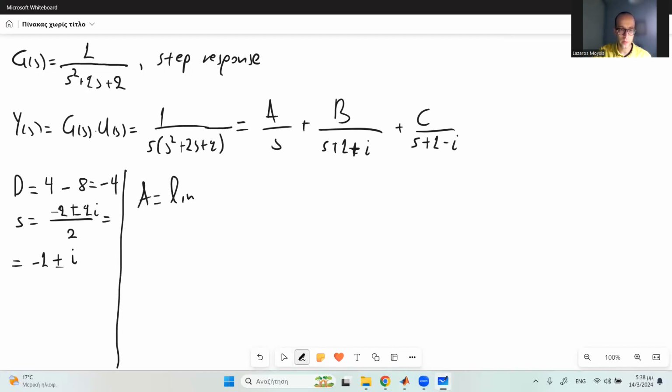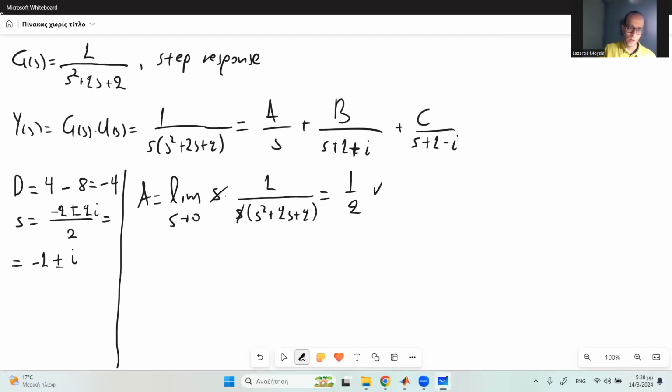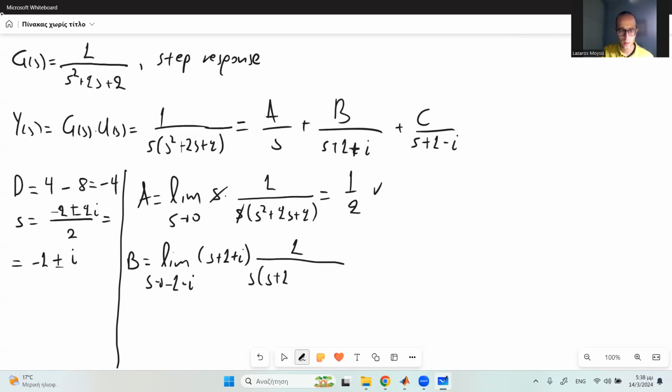So alpha, of course, is very easy. It is the limit as s goes to 0 of s multiplied by this whole thing. And this gives us 1 over 2. Nice. And then we only need to compute one of the two coefficients. It's the limit as s goes to minus 1 minus i of s plus 1 plus i multiplied by 1 over s multiplied by s plus 1 minus i.